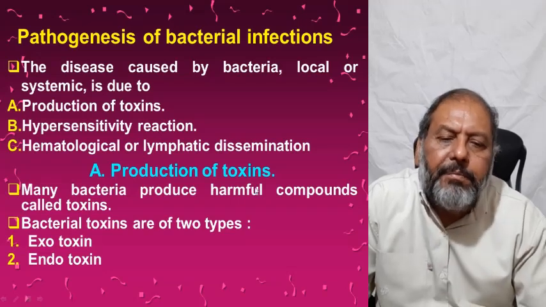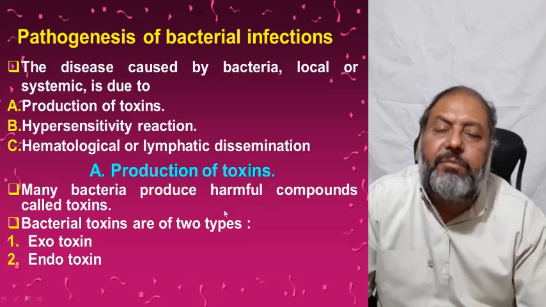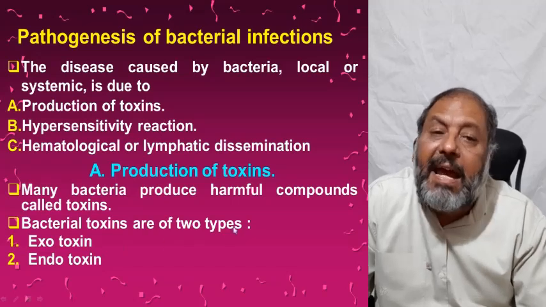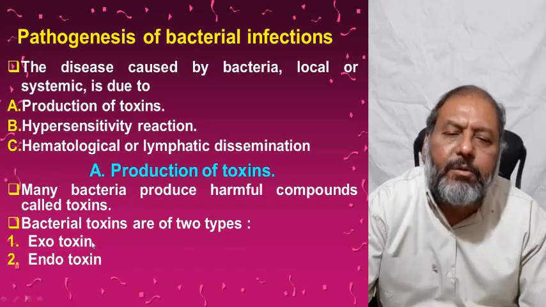Many bacteria produce harmful compounds which are called toxins. Bacterial toxins are of two types, exotoxin and endotoxin.